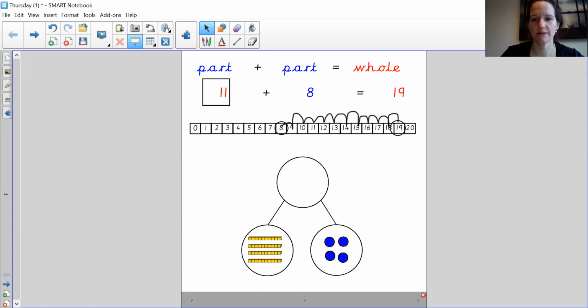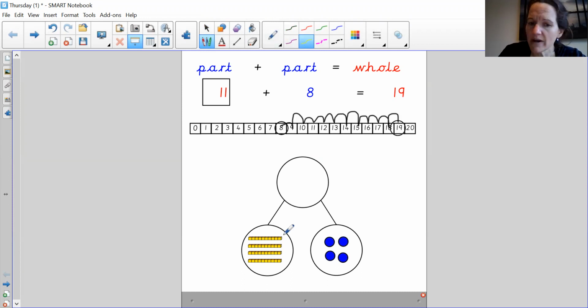Now, here's another question. What do I have in my part-whole model? Can you write me the answer of how many counters I have all together? Pause the video if you need to. Let's have a go. What are these? These are my 10 sticks, so each one is 10. I've got 10, 20, 30, 40.